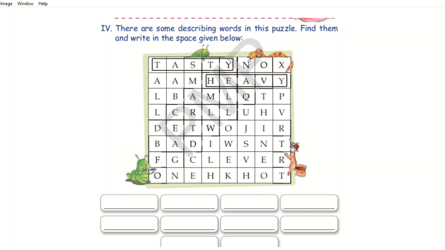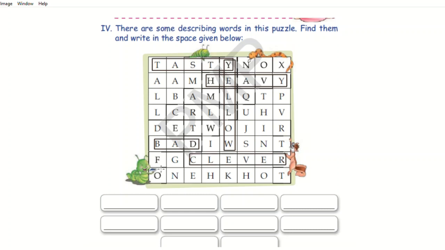Next word I can see is yellow. The next word I can see is bad. Another one is clever.